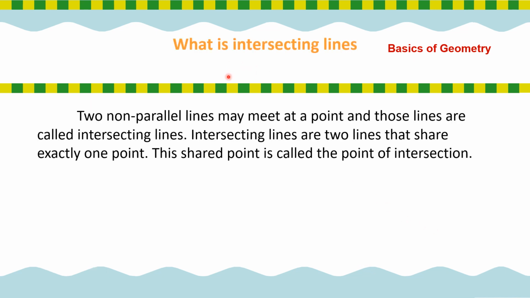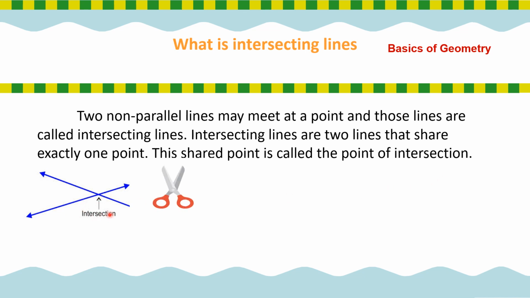What are intersecting lines? Two non-parallel lines may intersect at a point, and those lines are called intersecting lines. Intersecting lines are two lines that share exactly one point. This shared point is called the point of intersection.